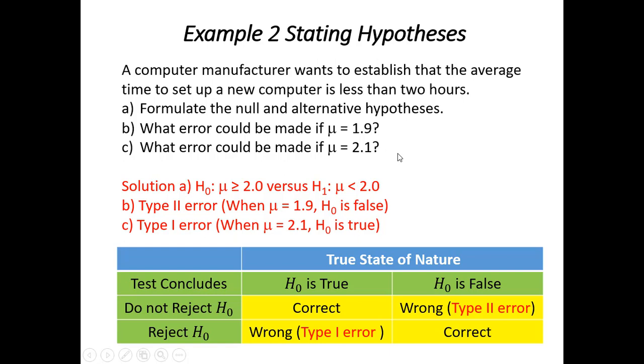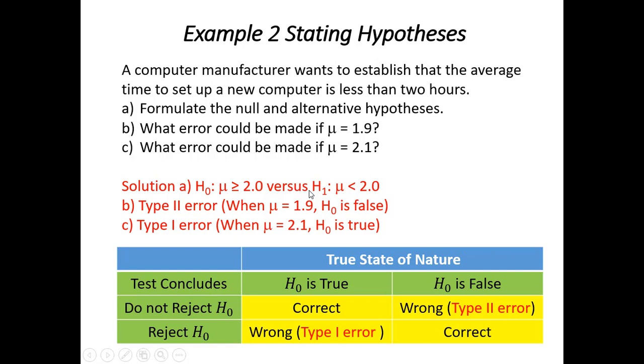All right, so a key word in this problem is less than. The computer manufacturer wants to establish the average time is less than 2 hours. So once again, we have the alternative here is that mu is less than 2.0. In this case, we might say that this is the claim once again.